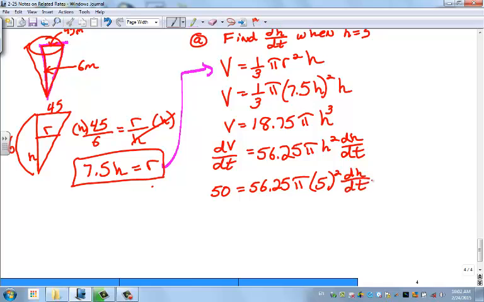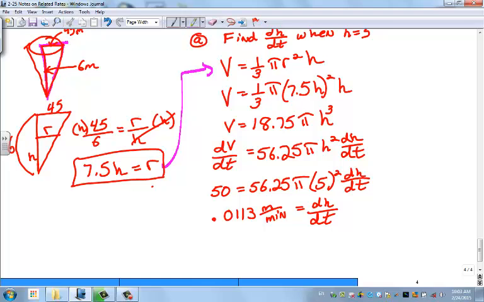Now we just divide by everything that is not dh/dt, and we get 0.0113 meters per minute is equal to dh/dt. Okay, all I did was divide by all of this stuff over here.